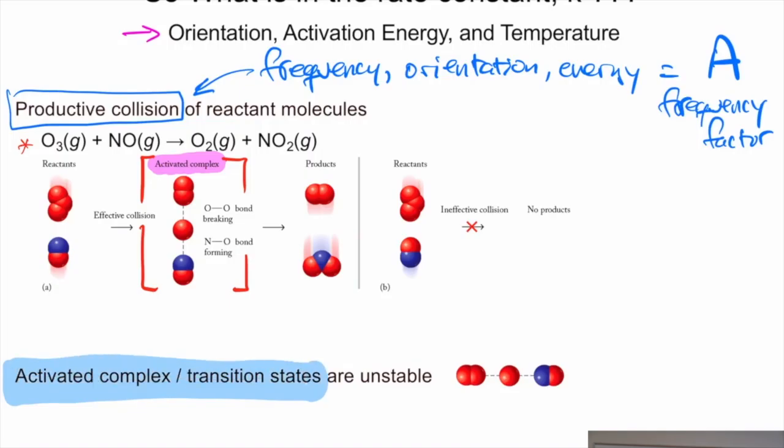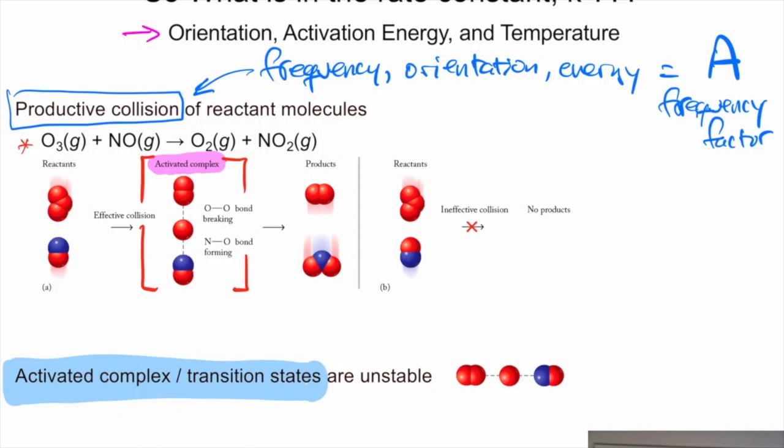I'm not going to worry about splitting hairs about the difference between an activated complex and a transition state. I'll just tell you that there are many different activated complexes that all keep going and going until you get to the highest one, which we call the transition state. All right, but in my class, we can think of them as being the same thing. It's a very high energy, unstable complex that has to be made before you can resolve that complex into products.